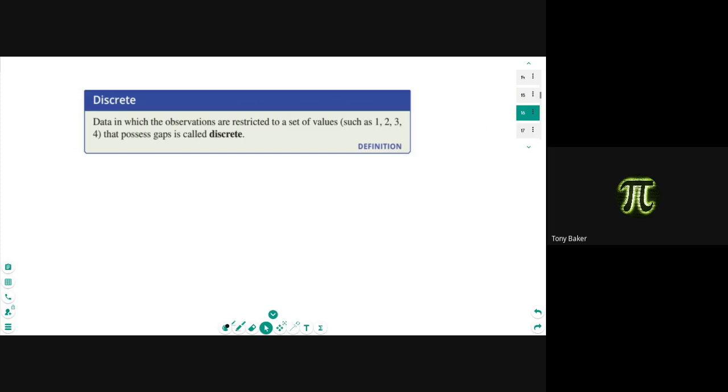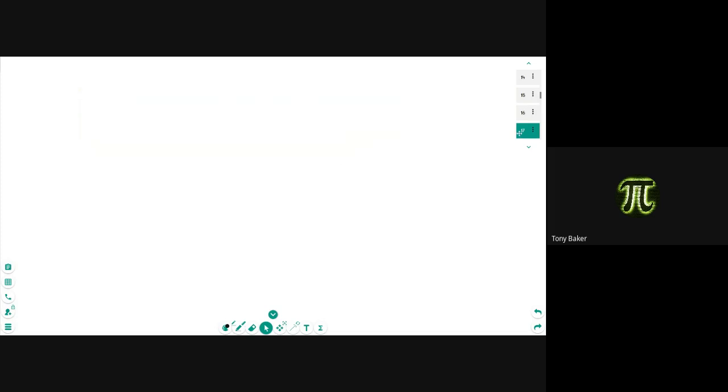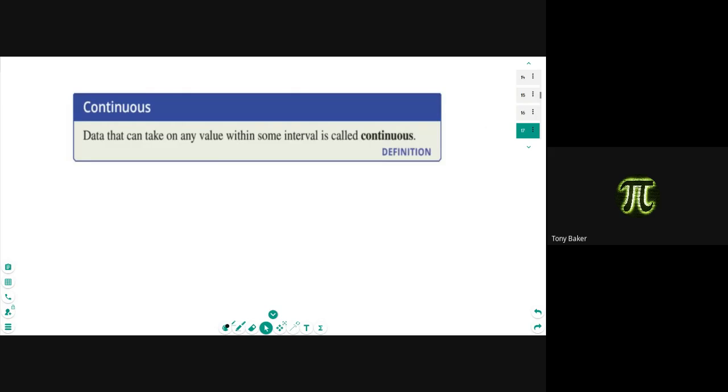Think of things like counting, or figuring out how many books you have or how many days there are. Those types of things are all going to be discrete values. On the other side, we have continuous. That's where every value has some meaning.